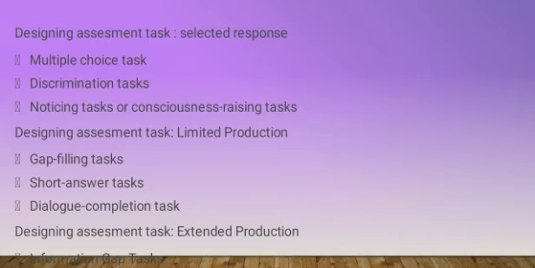Next, designing assessment tasks, extended production. A 5-point scale for assessing syntactic knowledge: 0, none; 1, limited; 2, moderate; 3, extensive; and 4, complete.